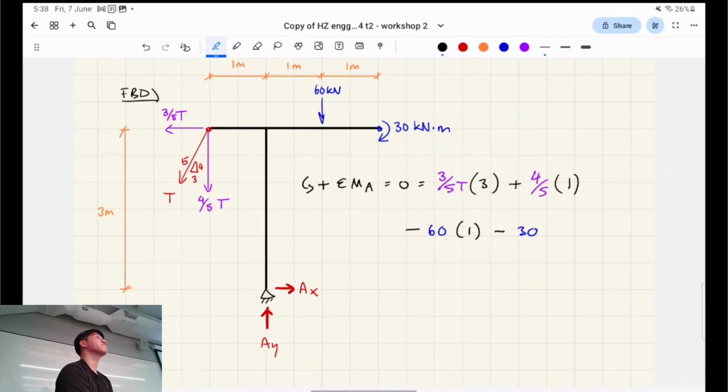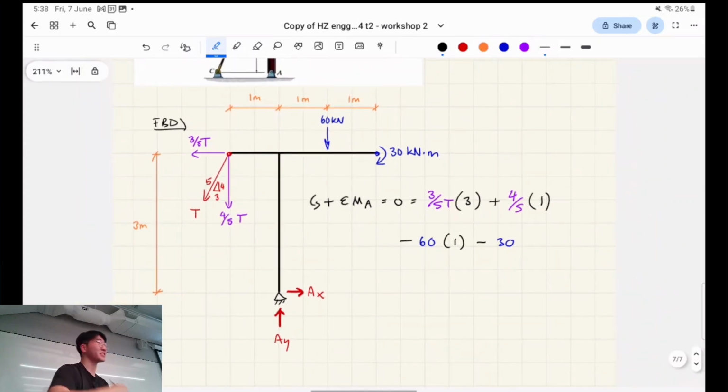Yep, question. Okay, so this leads very well into next week's topic because it will matter in next week's topic. But in this topic, it won't, because what we're doing right now is we're analyzing the entire structure, right? So when we're looking at it from the perspective of the entire structure, it looks like it does the same thing no matter what point we're looking at the moments.